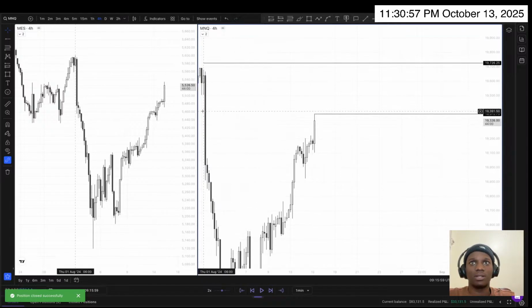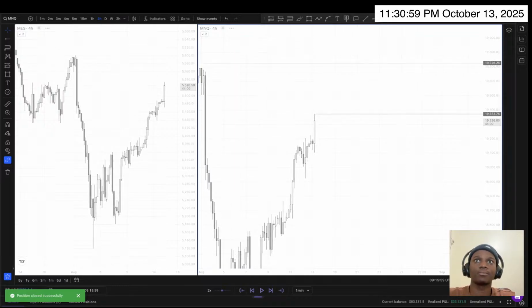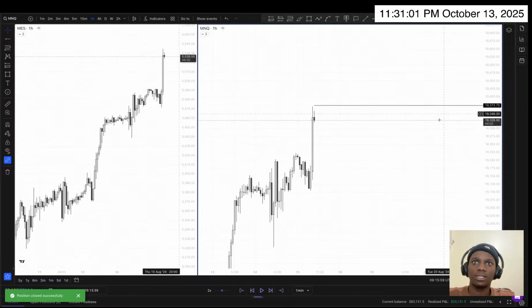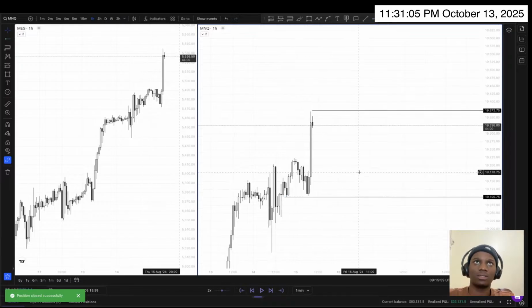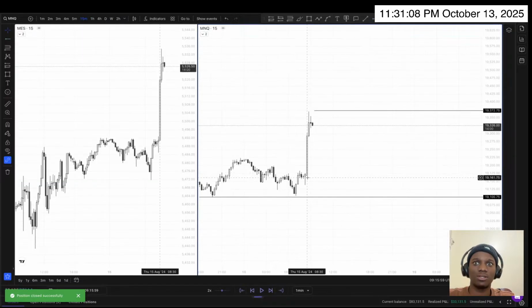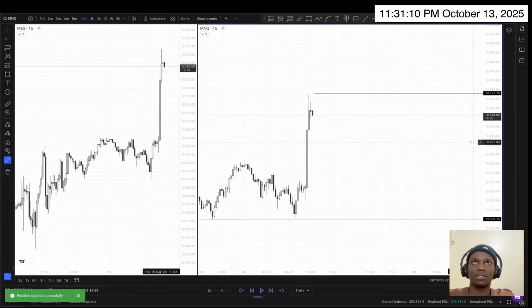We're in a gap, but I still think we could continue higher. 1 hour, relatively close. I still think we could go higher, but let's just wait. There's a big thing here, so I'd like to hold it.